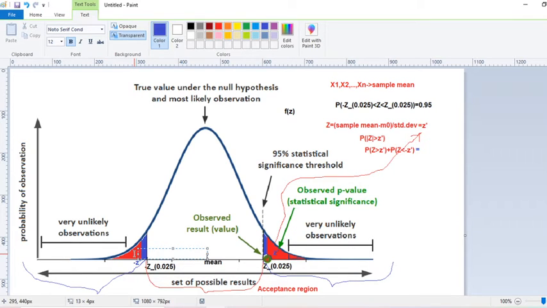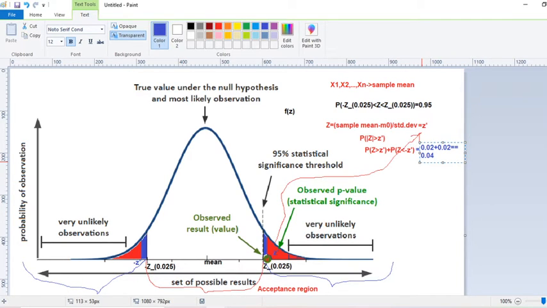So this area will be smaller than 0.025. So let it be 0.02. Okay. The area of this red region may be 0.02, and since it is symmetric, the area of this red region will also be 0.02. So what is the total value? That is equal to 0.04. Right? Clear?